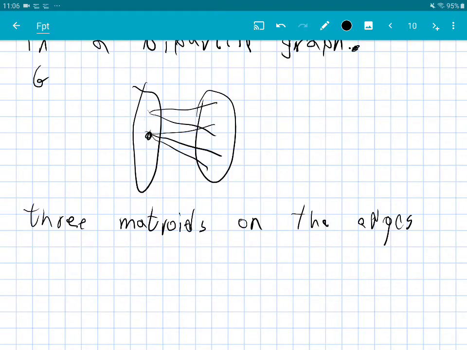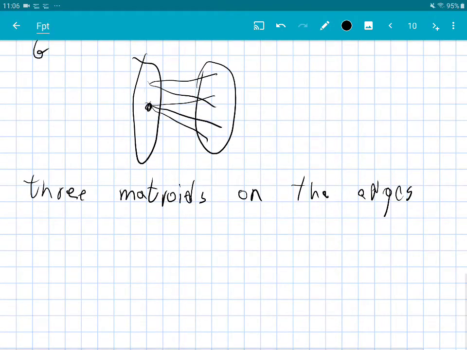Maybe in one edge or no edges, but in at most two edges. So this is an example of a partition Matroid essentially. A partition Matroid will allow you to have an upper bound of 2 for every one of those constraints. So let's call it ML.